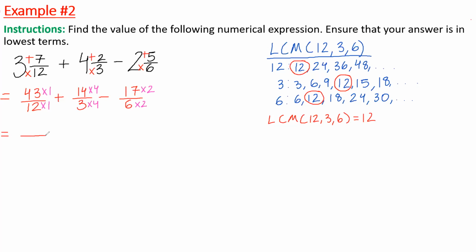12 times 1, which is what? 12. And then 43 times 1, which is what? 43. 43, very good. Plus 3 times 4 is 12. And then 14 times 4 is what? 56. 56, yeah.